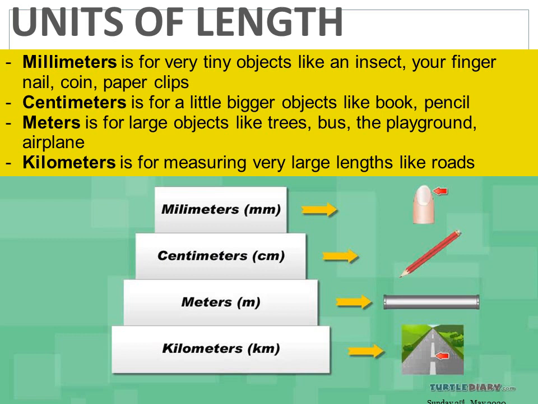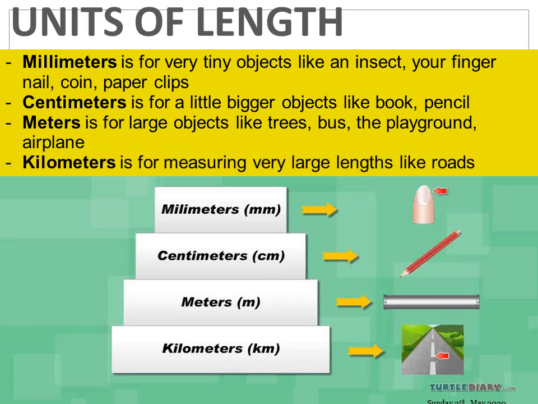But the distance that an airplane covers from one country to another can be measured in what? Kilometers. The airplane itself can be measured in meters, but the distance it covers from one location to another is measured in kilometers.